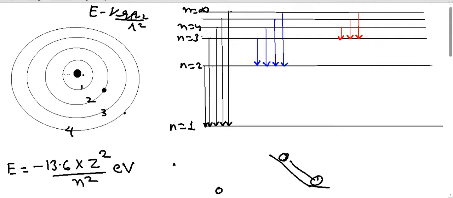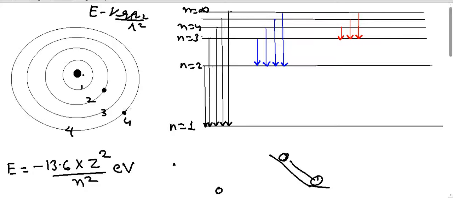Similarly, an electron will always take the lowest energy first. So the first orbital has the lowest energy, the second orbital has a higher energy, and the third orbital has more energy.